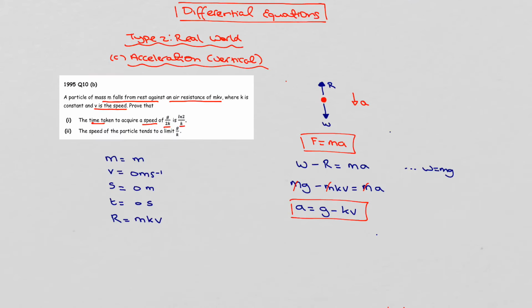Whereas at the end, the velocity, we're told, is g over 2k. And I need to prove that the time, if I go back, I need to prove that the time is going to be given by natural log of 2 over k. So I can't use that, I have to get that because it says prove. Okay, so that's what I want in the end for my limit.